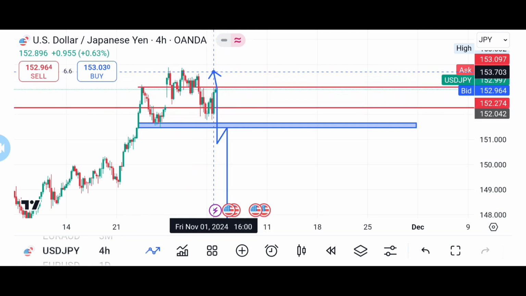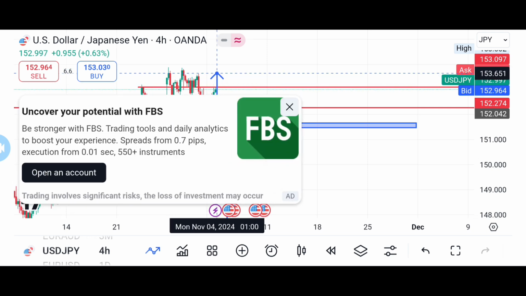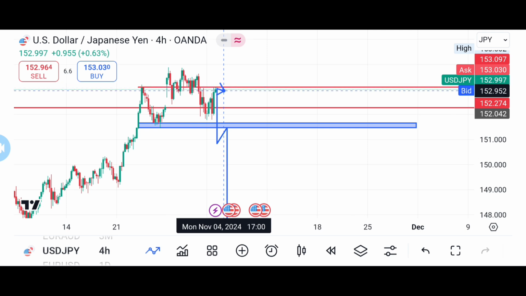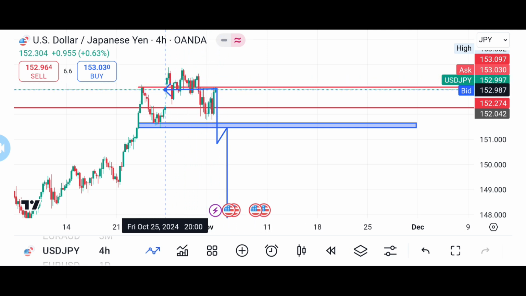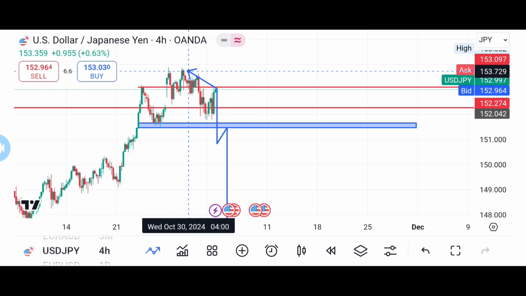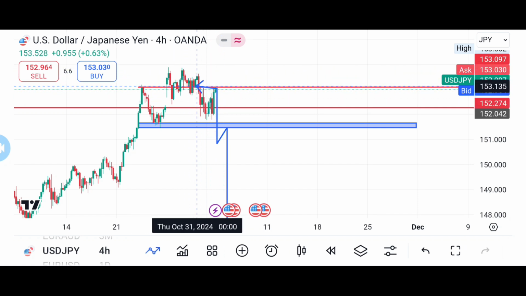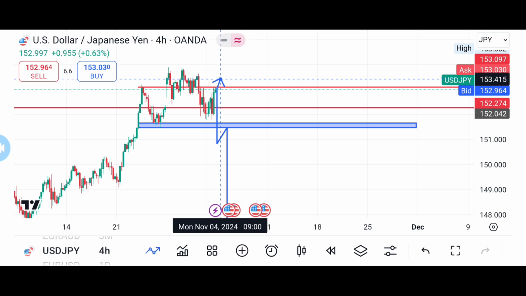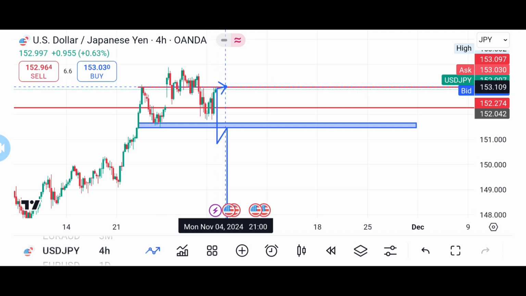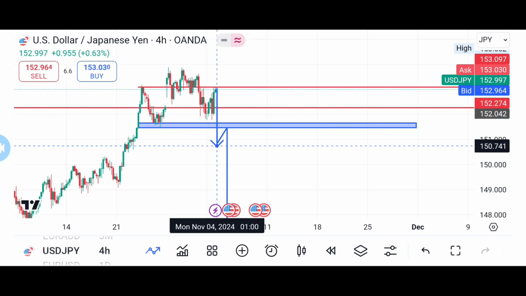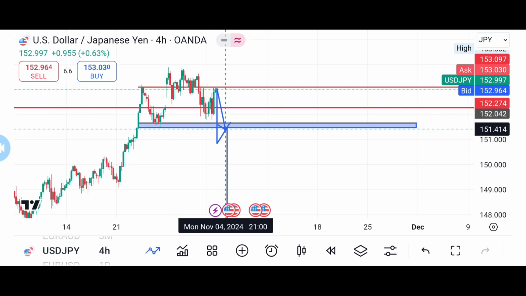If buyers break this zone, I will not dare to even look at this market again, to analyze this market again. Why? Because it has already broken my trading plan rules. Are we together? So I'm expecting the sellers will find momentum from this point, bring the price down, and then retrace.